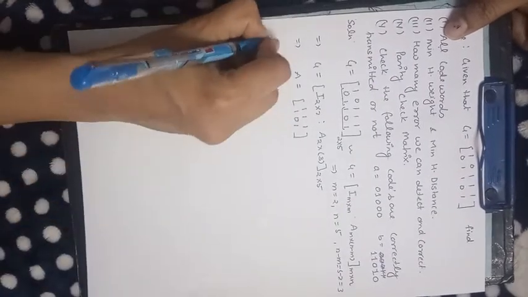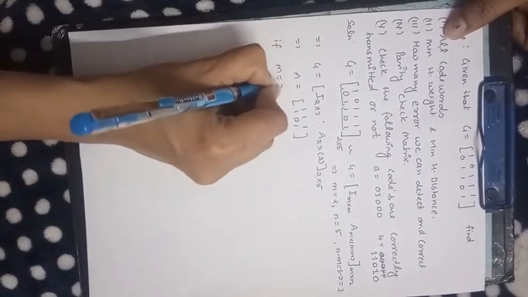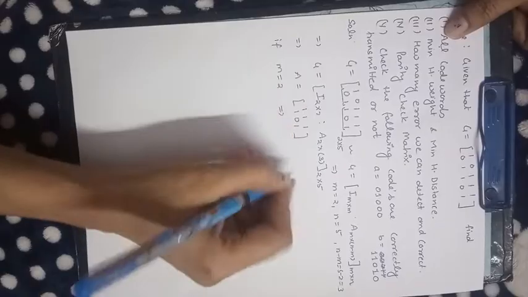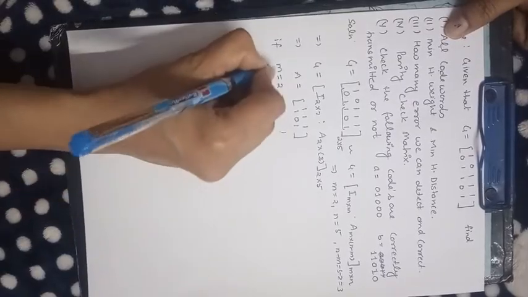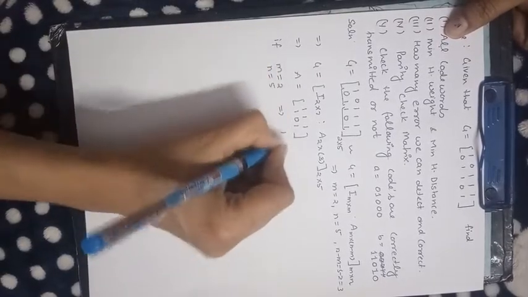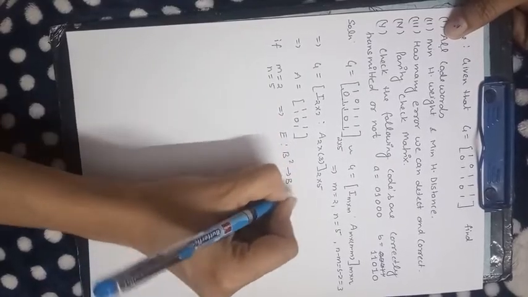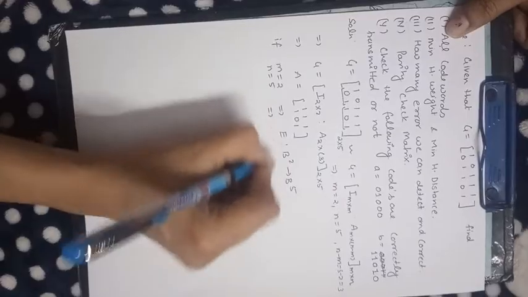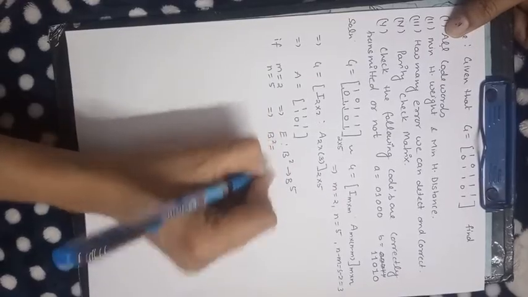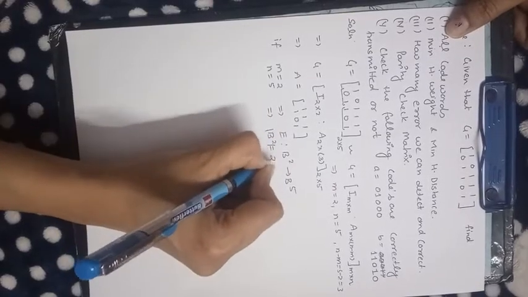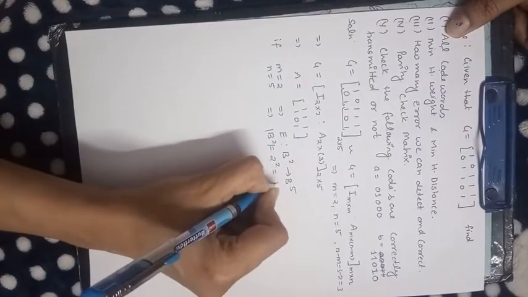As we discussed earlier, if M is equal to 2 and N is equal to 5, the encoding function is defined over B2 to B5. The cardinality of B2 is 2 raised to the power 2, that is 4.